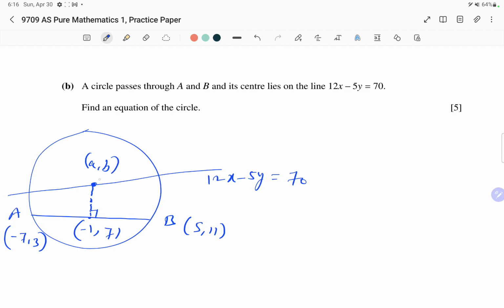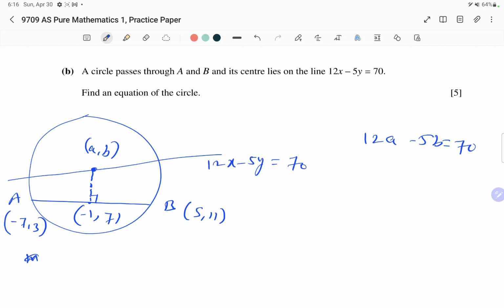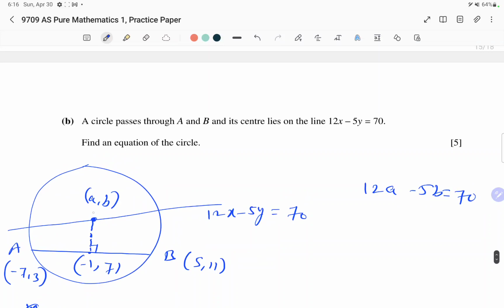We have to find the center (a, b). It will lie on the line also, so 12a minus 5b is 70, and this point (a, b) will satisfy the perpendicular bisector line which we found earlier.